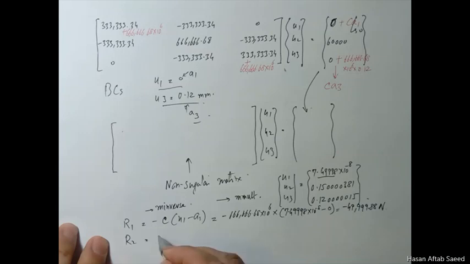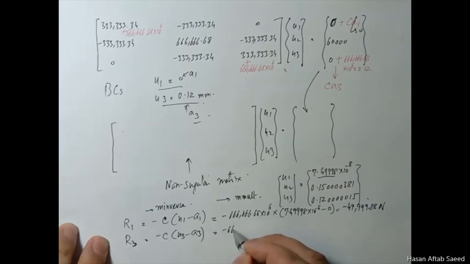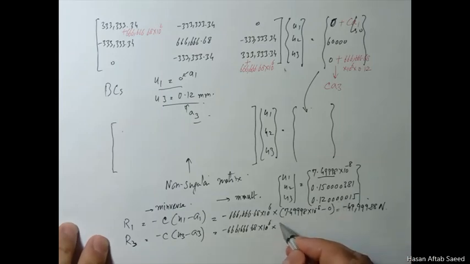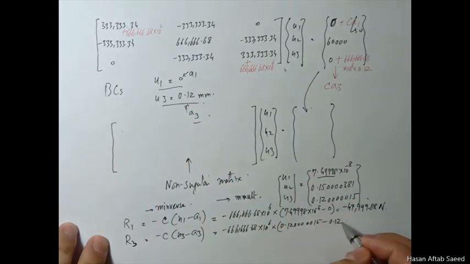R2, no, there's no R2, there's R3. Minus c times (u3 minus a3), again minus 666,666.68 into 10 raised to the power 6 into u3. This is what you were able to apply actually, and this is what you sought to apply.